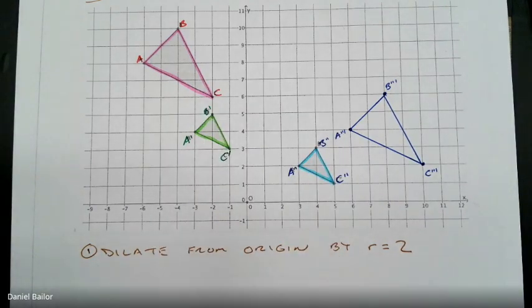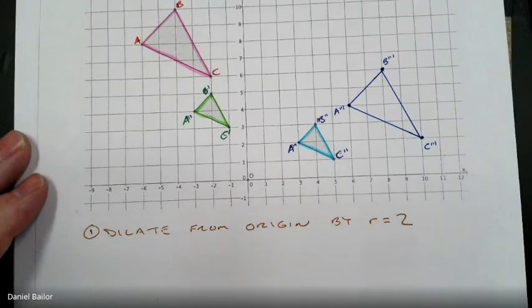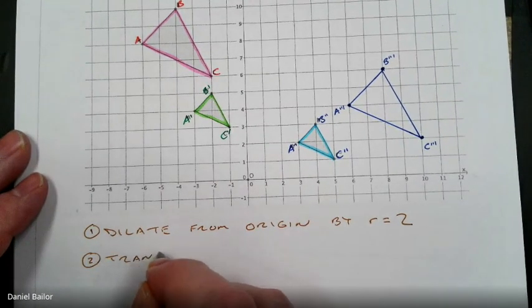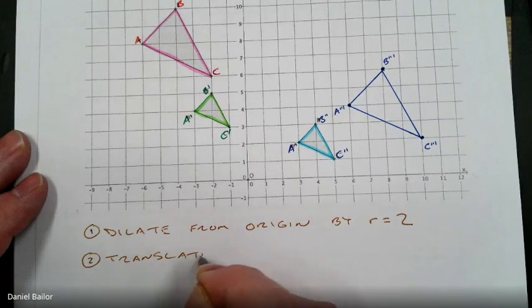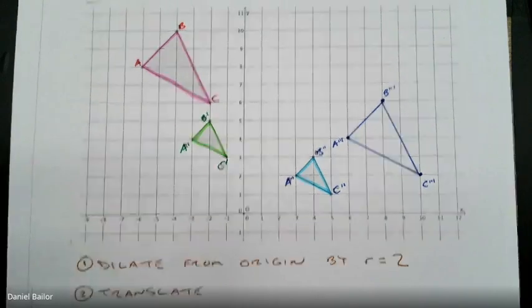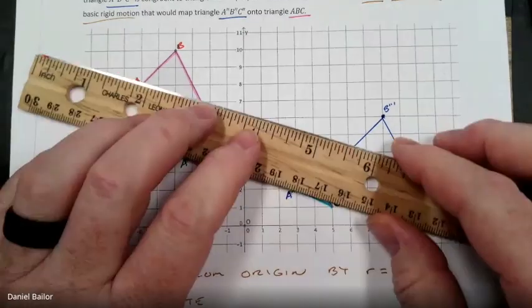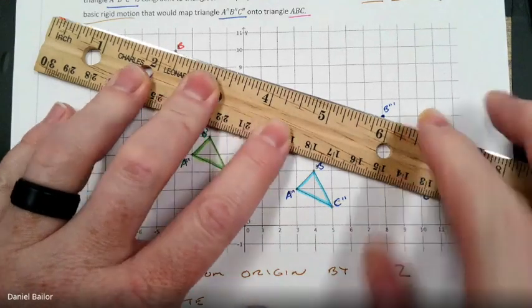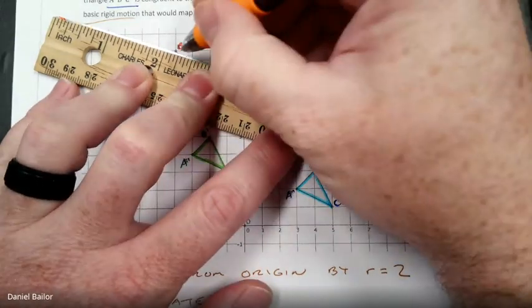So we need to translate. So step 2 is, we dilated first, now let's translate. Now, what are we going to translate? Well, let's get a vector. And just so that I don't cross any lines, I'm going to do my vector by connecting the B's.